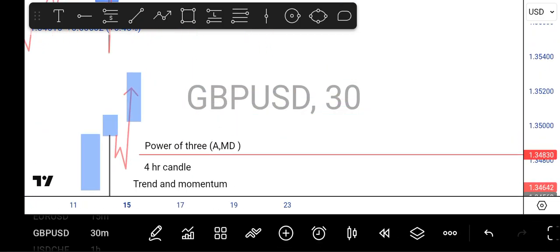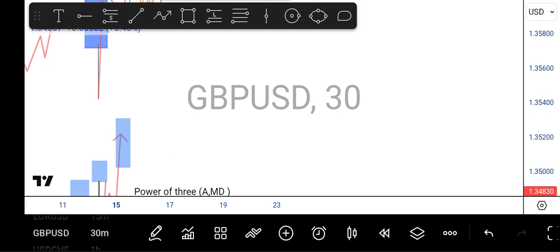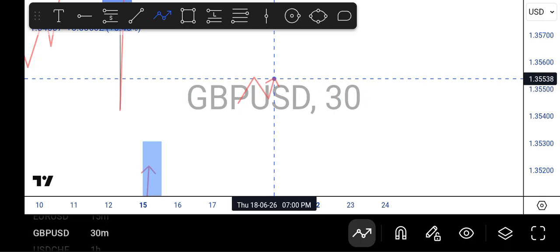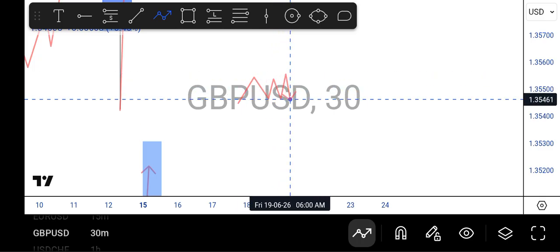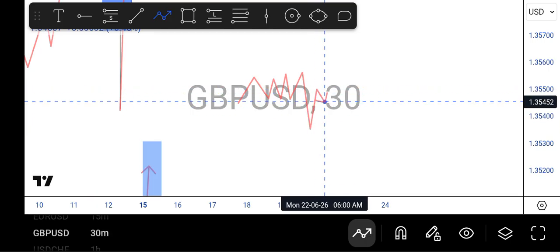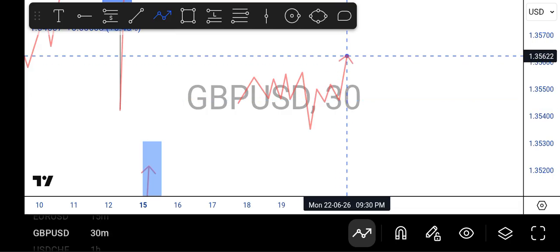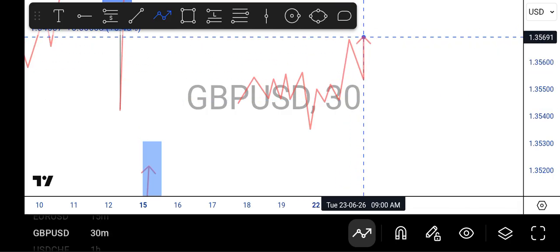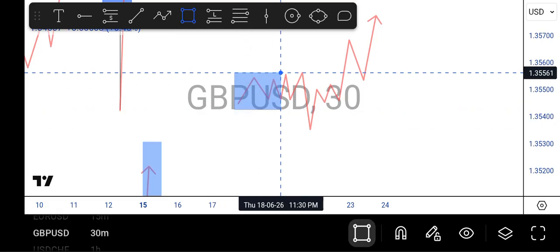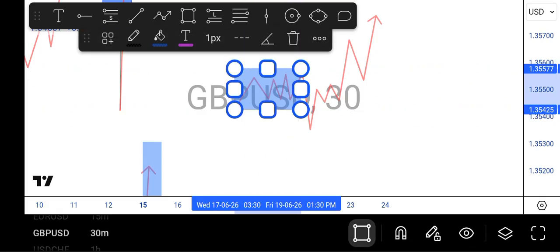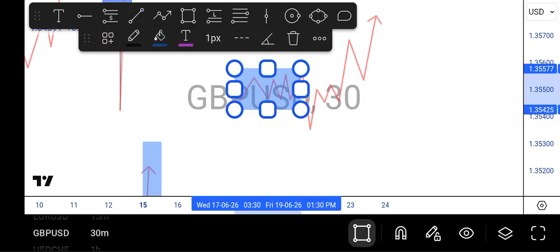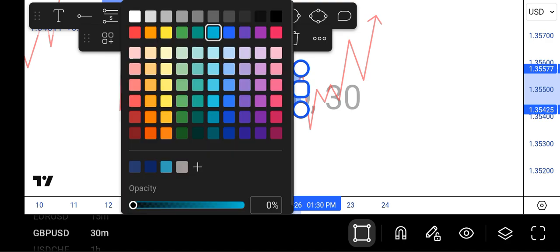Power of three, basically, you all know that in the lower time frame, what you usually look for is accumulation. You want to see price just accumulating, and then the price takes liquidity and then distributes. That is accumulation. Let me use a different color so that we can understand.